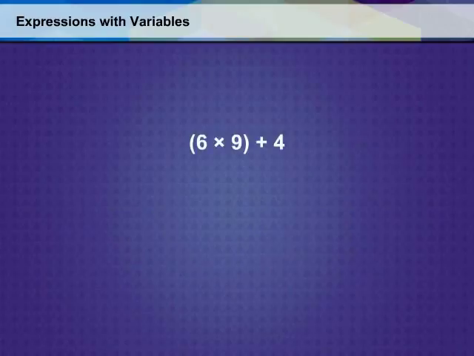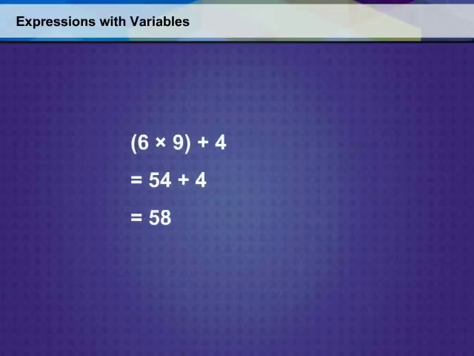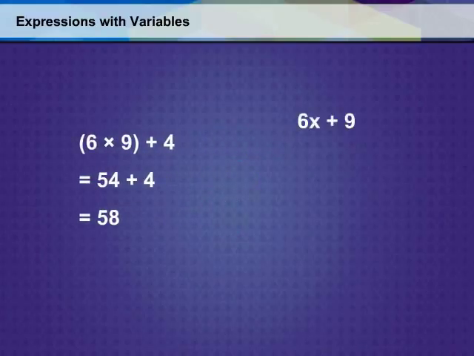A number expression like 6 times 9 plus 4 can be immediately evaluated as 6 times 9 plus 4 is equal to 54 plus 4, which is equal to 58. But an expression like 6x plus 9, which contains the variable x, cannot be evaluated.